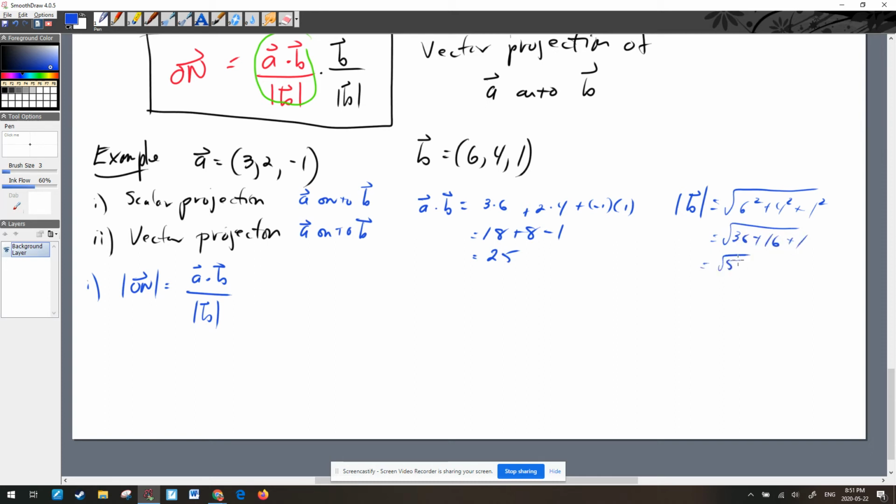So the root of 53. Lovely. So back here we come, and we're going to say that A dotted with B is 25, over the magnitude of B, which is the root of 53. So that is the scalar projection of A onto B.